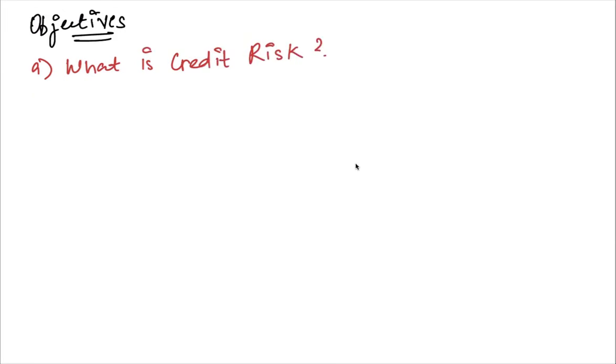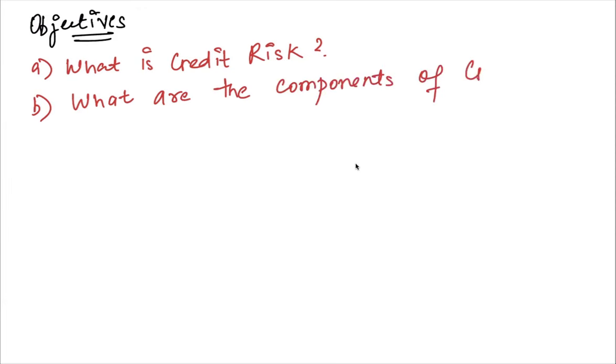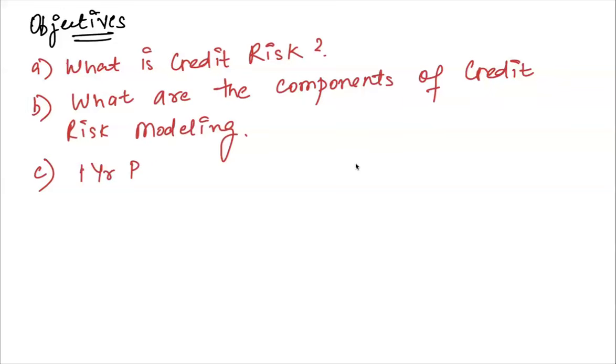Then we'll look at what are the components of credit risk modeling. Then we'll look into what we mean by 1 year probability of default versus lifetime probability of default.